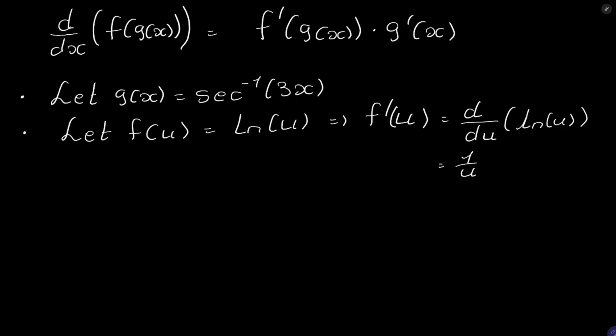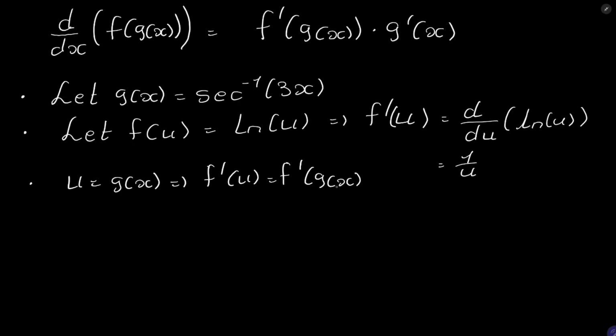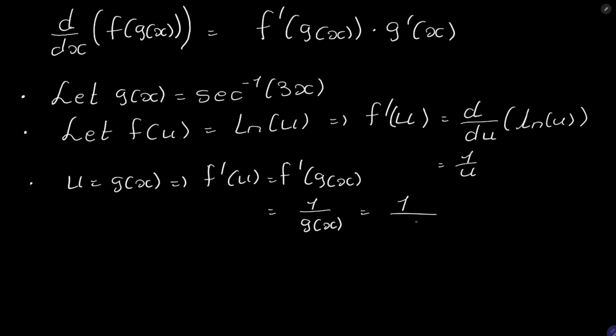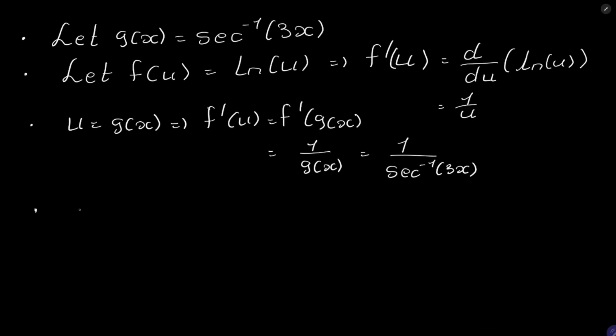What do we do then? u equals g of x implies that f prime of g of x is going to be equal to 1 on g of x, which is equal to 1 on sec inverse of 3x.